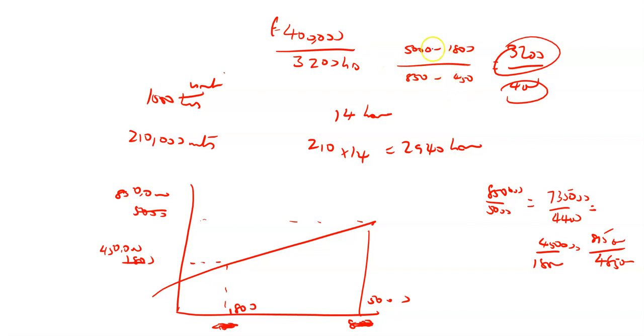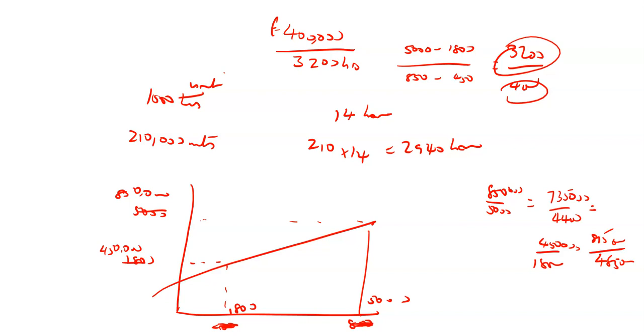Maintenance costs: 850,000 minus 450,000. 850 minus 450 is 400,000. That's correct.